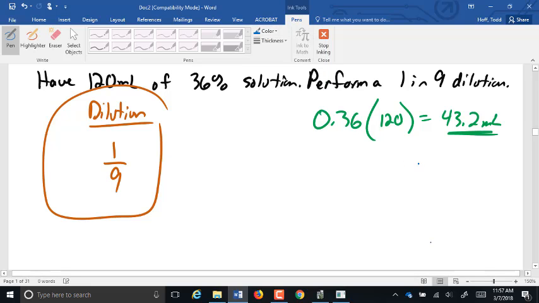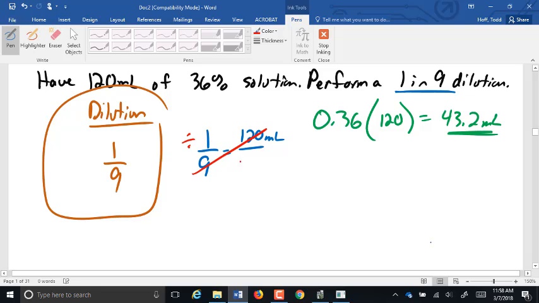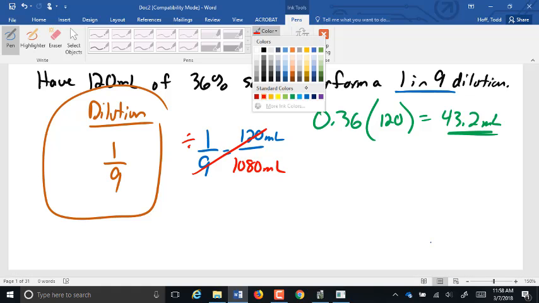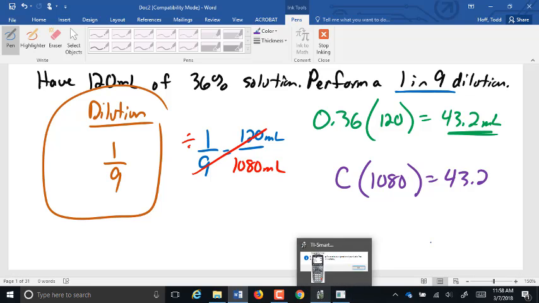Working backwards now, after a 1 in 9 dilution, we had 120 milliliters. Our new total volume should be 1,080 milliliters. So our new concentration here, we'll do C times 1,080 milliliters has to still equal 43.2 milliliters of our active ingredient.